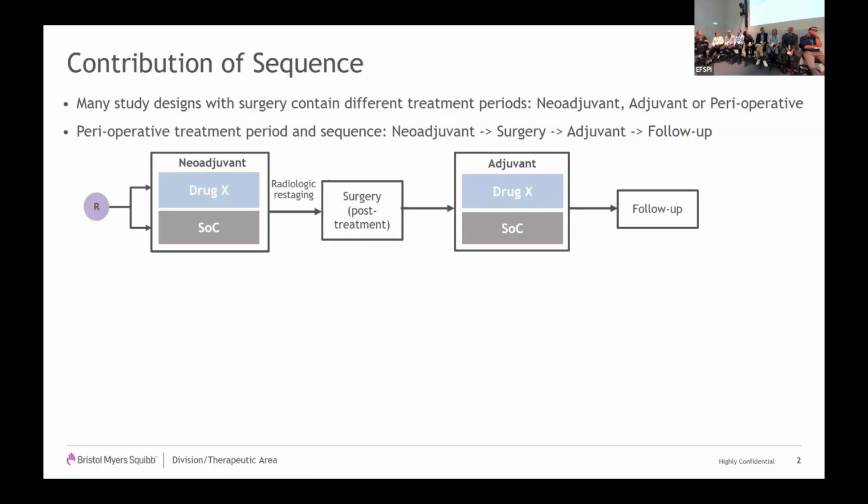Then after this neoadjuvant period, the patient goes through surgery. After the surgery, several weeks later, patients will continue the study with the same treatment in the adjuvant period.